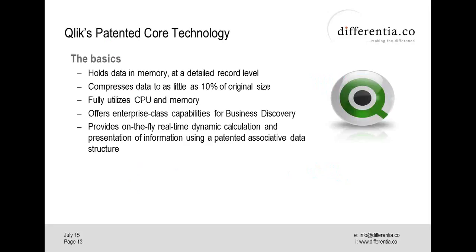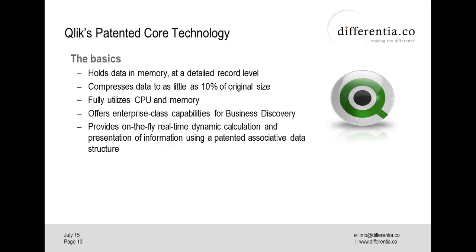The product itself, if I cover a couple of the basics here, is based on holding data in memory, and that data is held at a detailed transactional level of detail. So there's no summaries, there's no aggregations, and there is no need for a data warehouse.